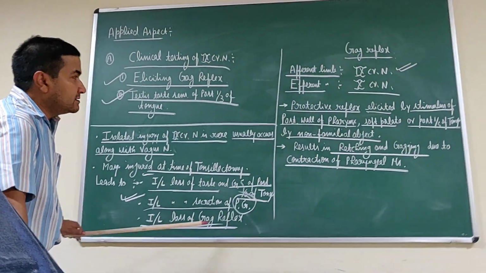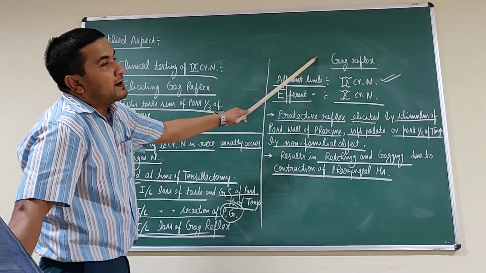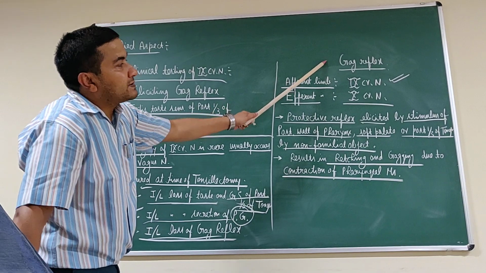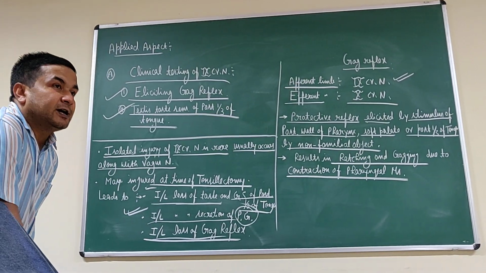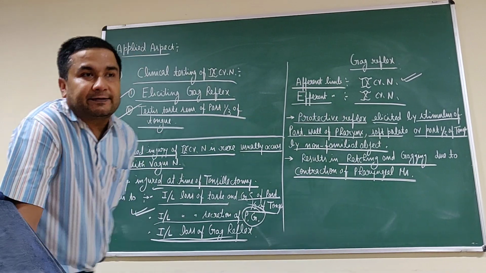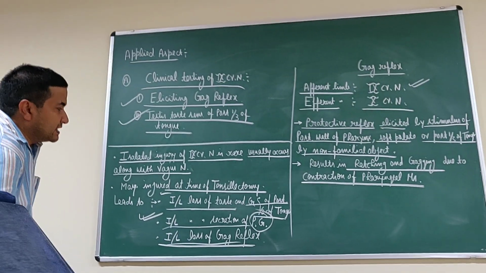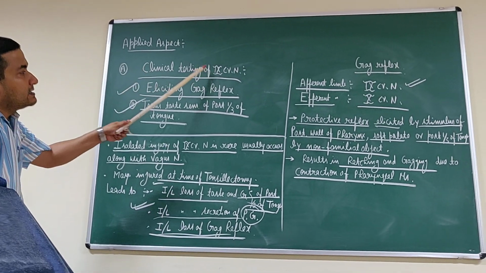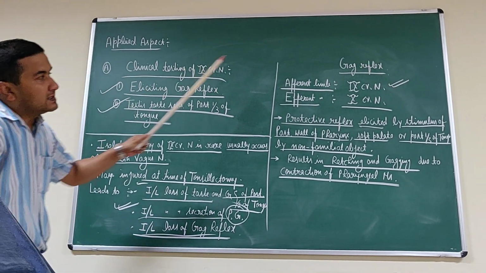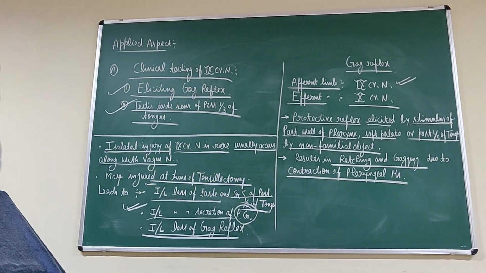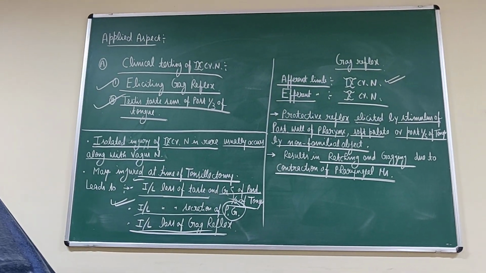If the right side nerve is injured, the gag reflex on the right side will be lost, and if it is the left side, then the left side. And if the nerve is injured on both sides, then there is complete loss of the gag reflex. So this is the effect of the injury. This is the clinical testing of this nerve, and this is about the gag reflex. And this is about the glossopharyngeal nerve.